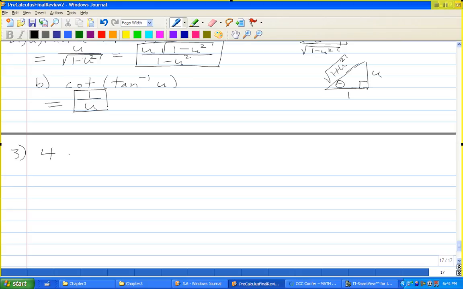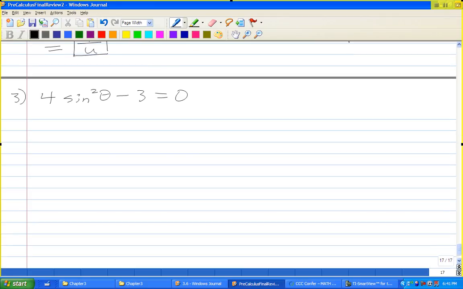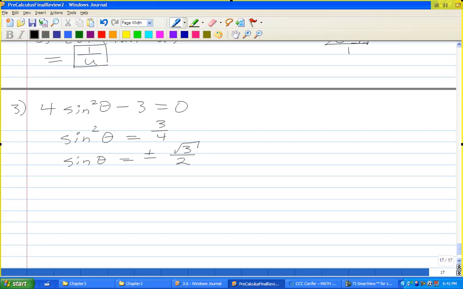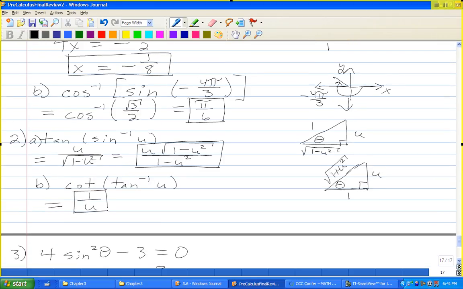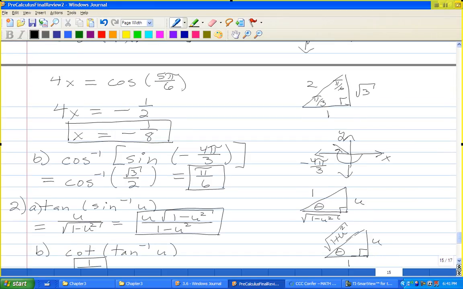3. Solve the equation for sine squared theta minus 3 over 4 equals 0. So sine squared is 3/4. So sine theta is plus or minus rad 3 over 2. Well, we have that. Well, it's too high up.